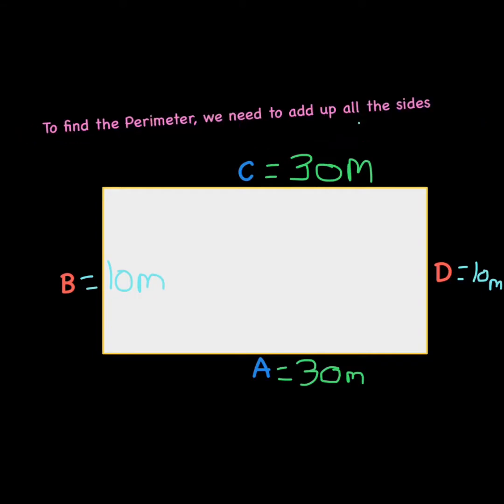So in order to find the perimeter, we need to add up all the sides.